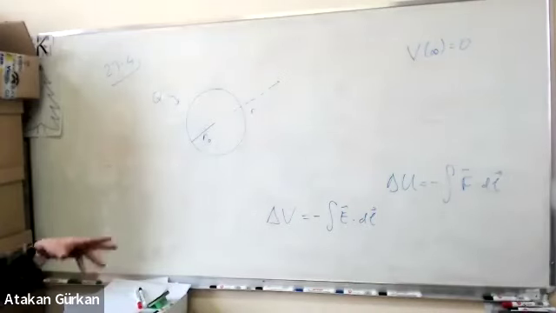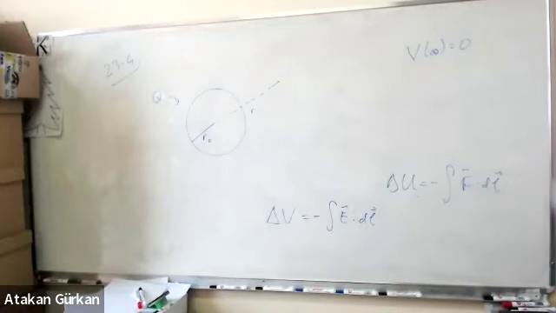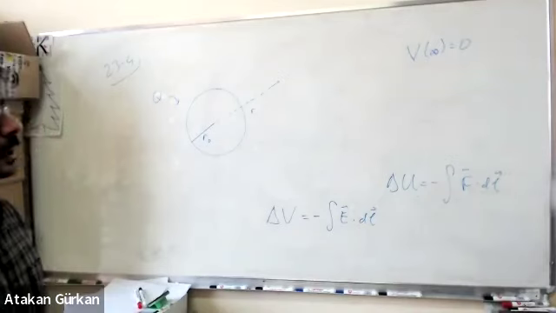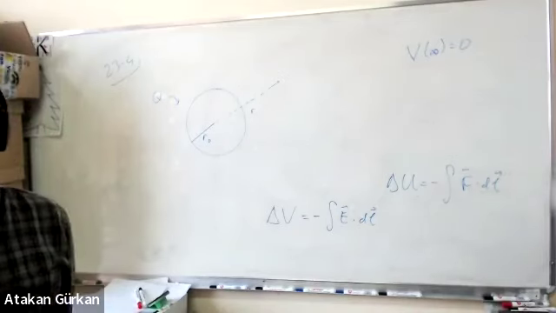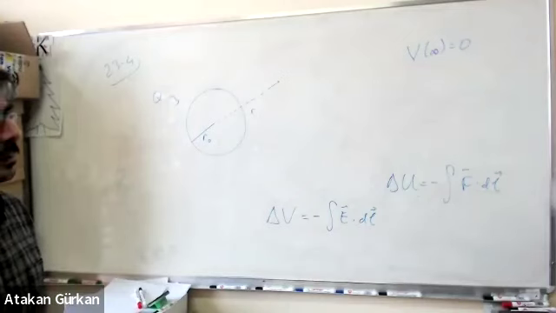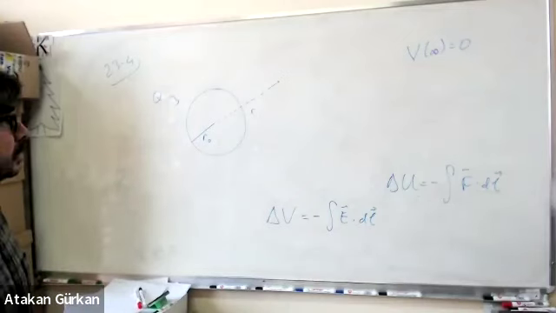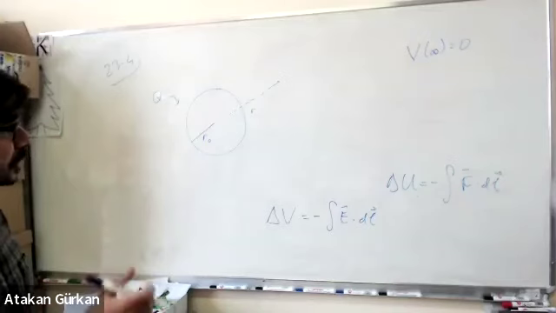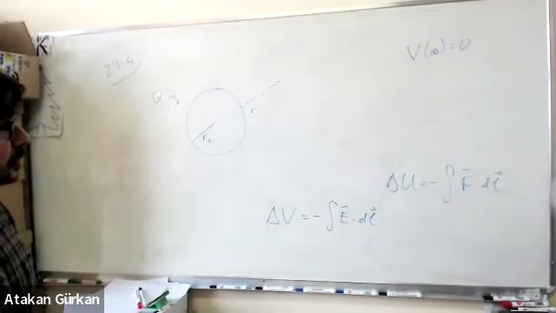This makes sense: if you put a charge there, far from all the charges, it's not going to feel any force. It makes sense to call its potential energy 0. You could also call it 5, it doesn't matter, but 5 is a little bit weird. 0 is the nicer number. Okay, so we're just going to choose this.